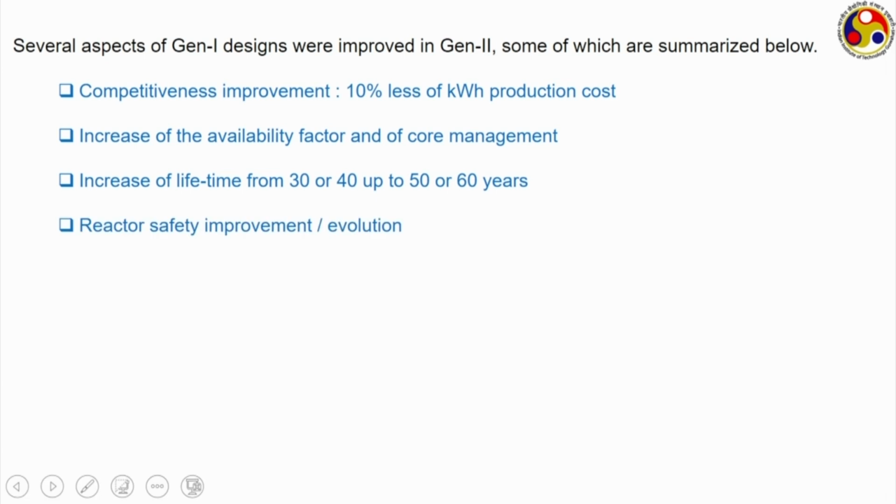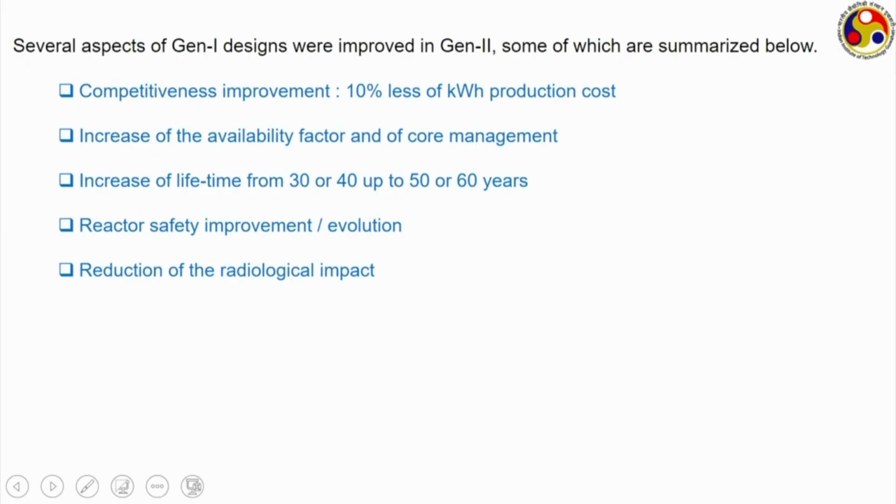The reactor safety improvement is a feature from every generation, that is there is more focus on reactor safety, and newer designs have been incorporated. But of course, Chernobyl was a reactor falling under the generation 2 category, and the disaster showed that the safety features that were there in generation 2 were not sufficient. Radiological impact is also related to safety itself.